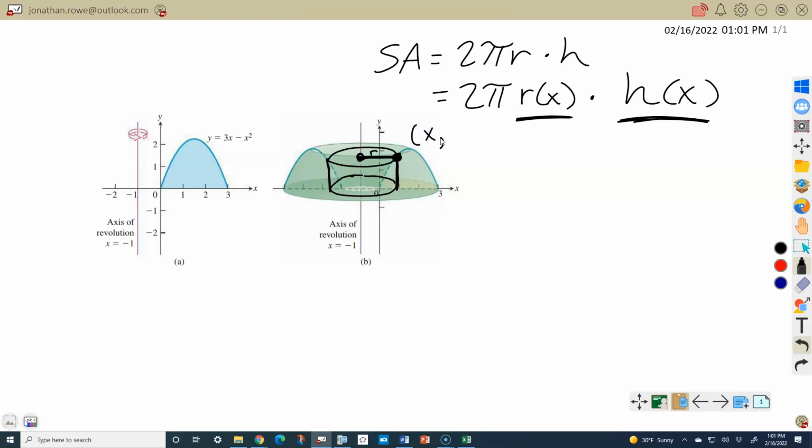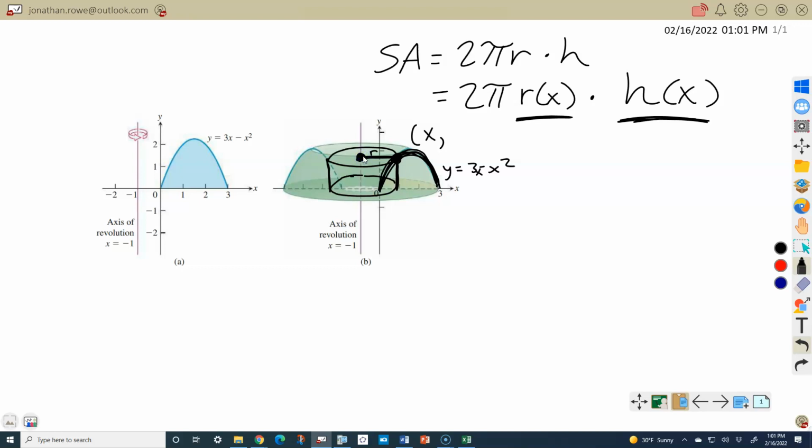If we're doing this parabola right here, y equals 3x minus x squared, then the x-coordinate on that parabola is just x. What is the x-coordinate here?